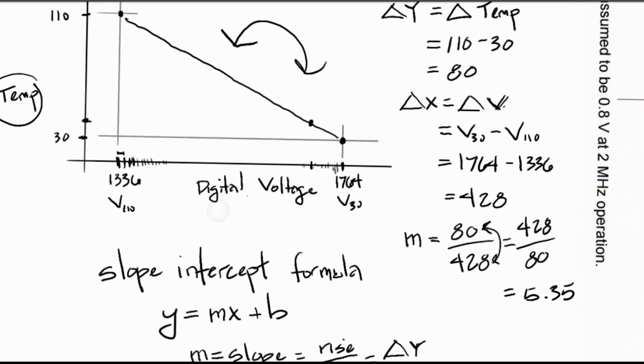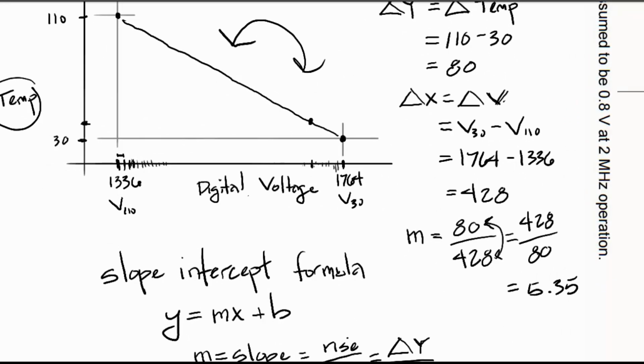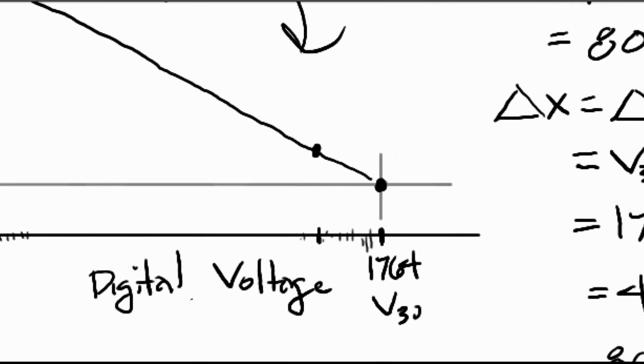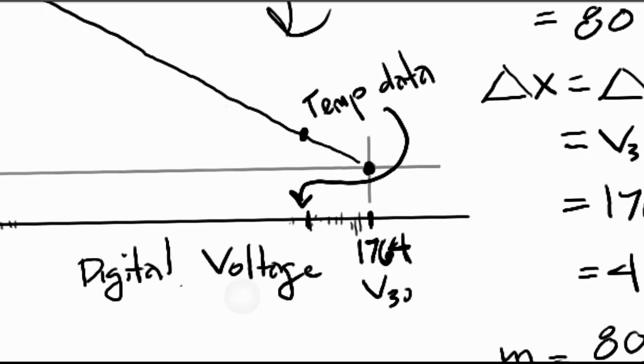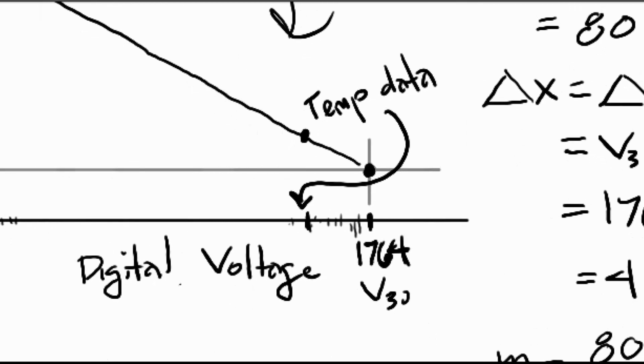So now we can take the 1764 number right here and the actual data that we're getting from the temperature, and we can get the difference between 1764 and that temperature reading and determine what degree it is.